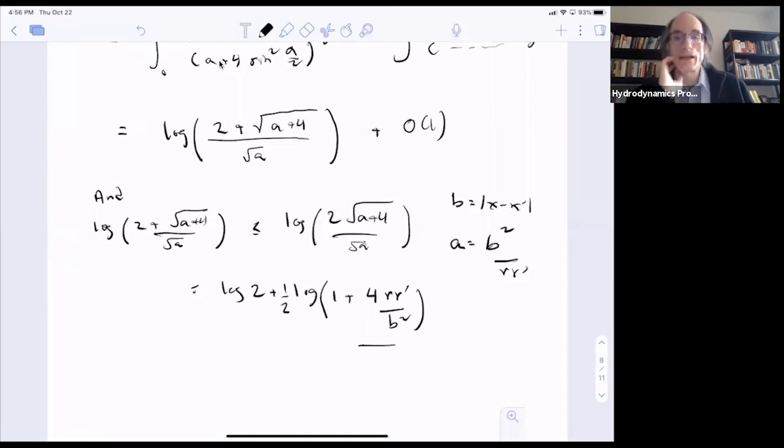Okay, any questions about anything? So this proof is basically just undergraduate level calculus, but this is due to a paper.